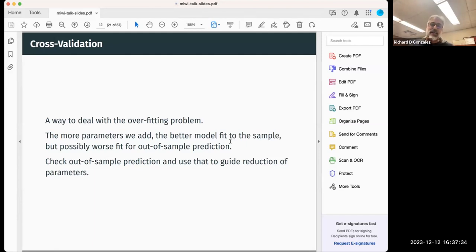Well, the way that data scientists solve that problem, because they allow you to have as many parameters as you can think of, is they basically do an iteration between taking, for instance, a sample of your data, fitting the model, and then seeing how well that model predicts data that is kept in reserve, that it hasn't seen yet.